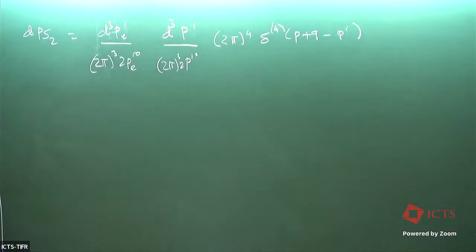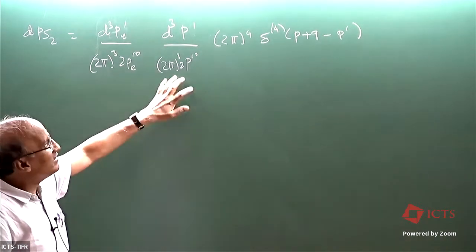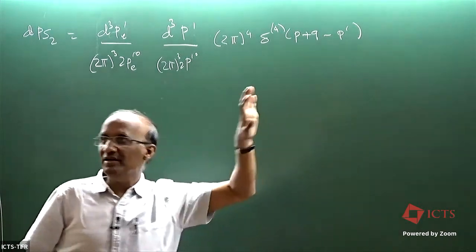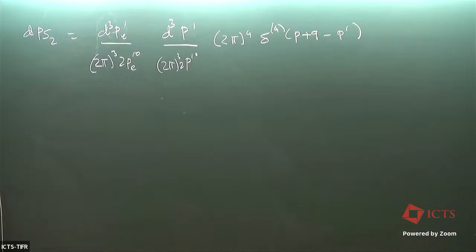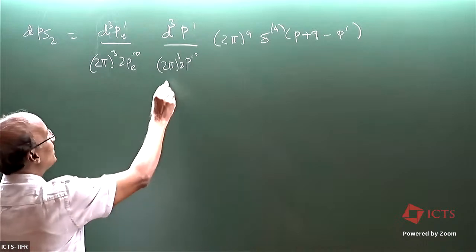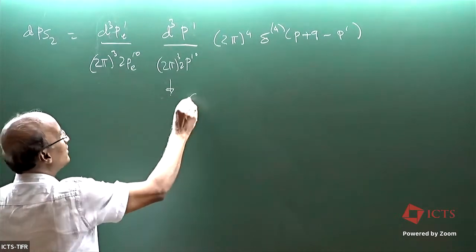So this is how the phase space looks. For this lepton you have a d cubed p prime, and for this proton you have a d cubed p prime. There are two such invariant measures, and then you have an overall energy momentum conserving delta function. So all I need to do is plug in here and then get the cross section. It's as simple as this. Now I can do a simple manipulation, because this is an invariant phase space.